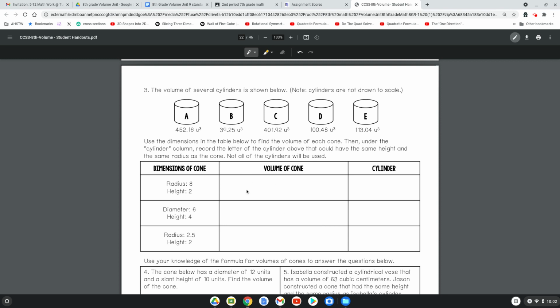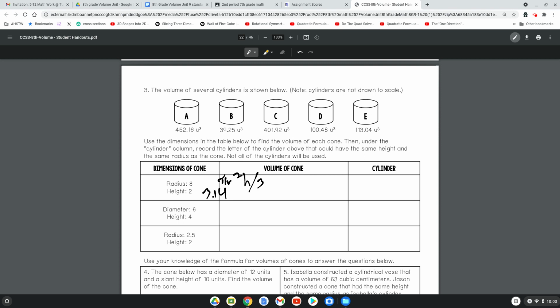So first we're going to find the volume of the cone. Then under this cylinder, we're going to record the letter that would be the same height and radius as the cone. So let's find the volume of the cone for the first one. So we're going to do pi r squared times the height divided by 3 because we're finding the cone. So we're going to do 3.14.